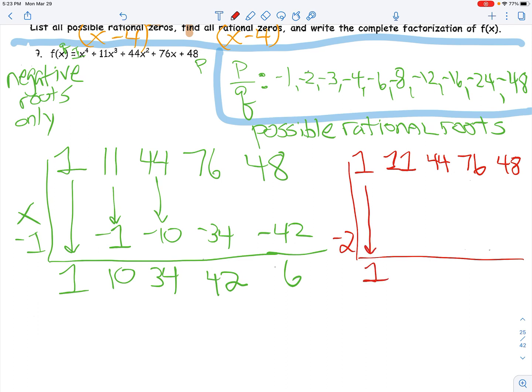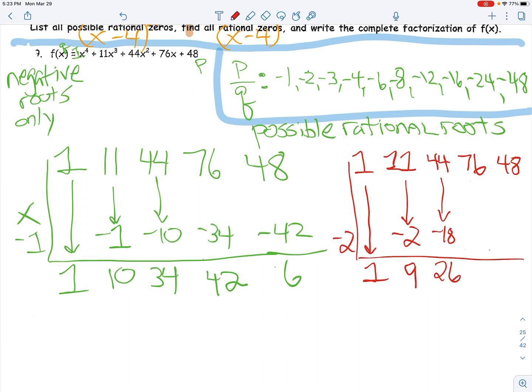All right, we'll try negative 2. 1 times negative 2 is negative 2. 11 minus 2 is 9, times negative 2 is negative 18. 44 minus 18 here is 26.